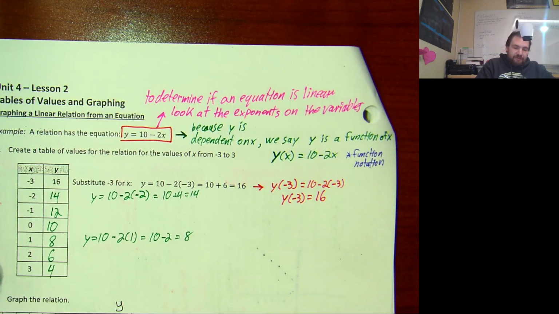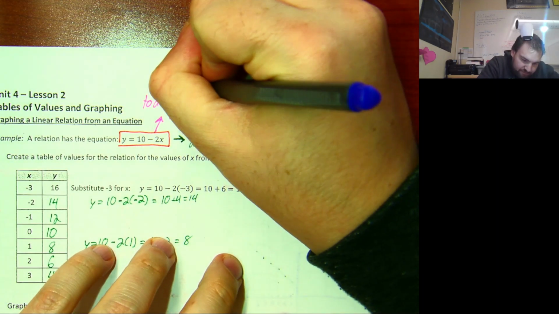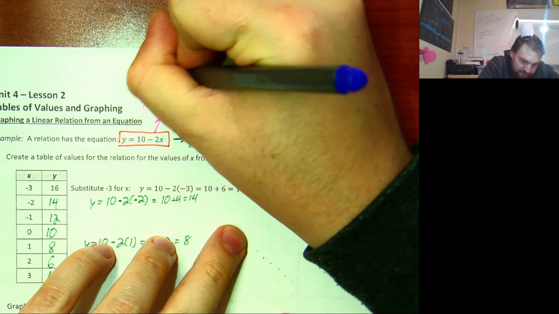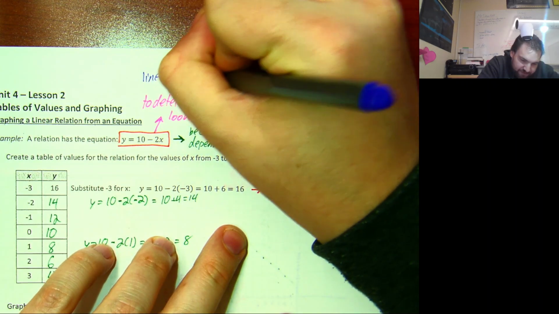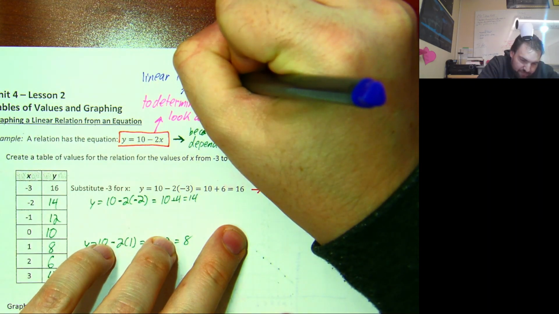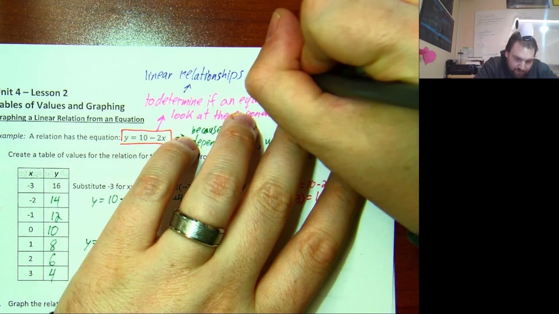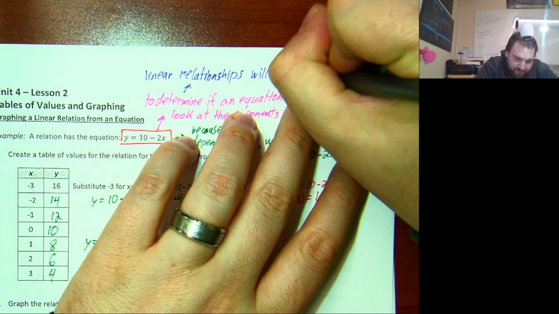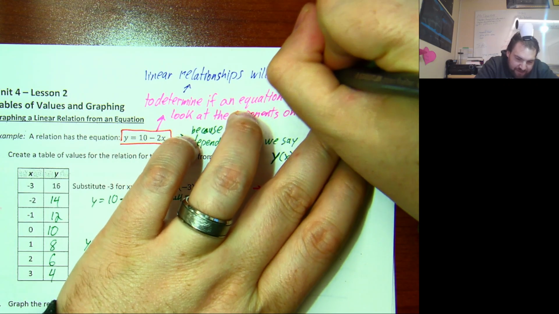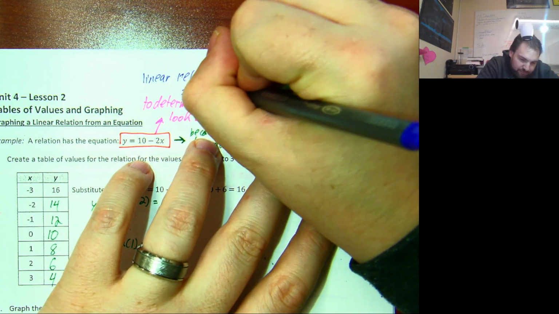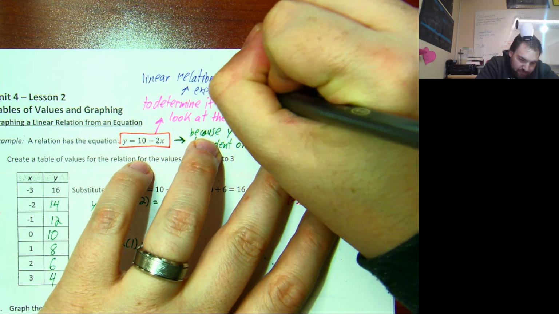Put it above here. Linear relationships will have an exponent of 1.